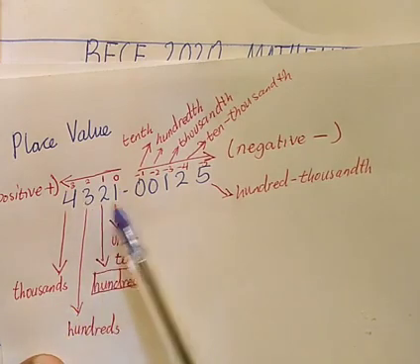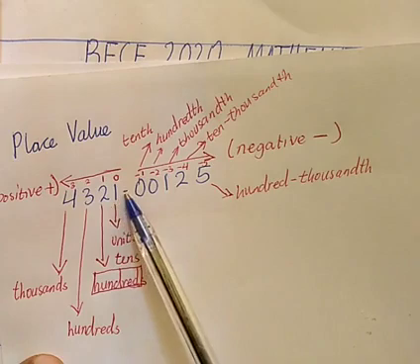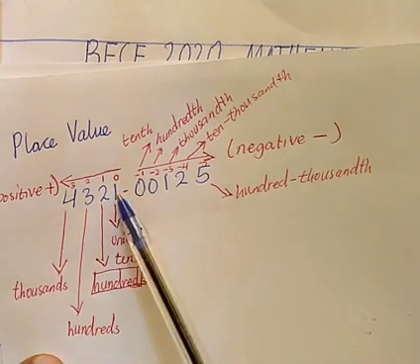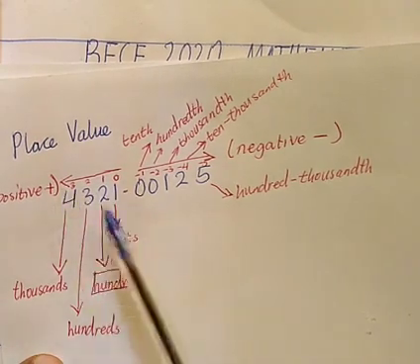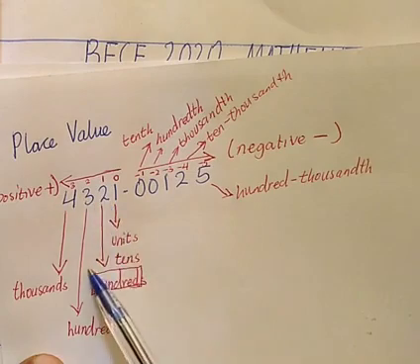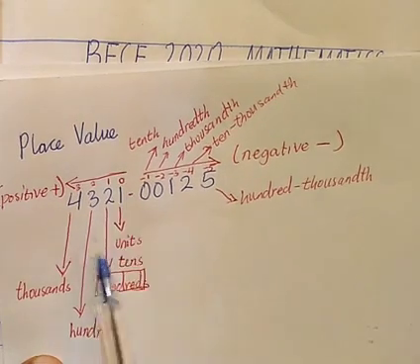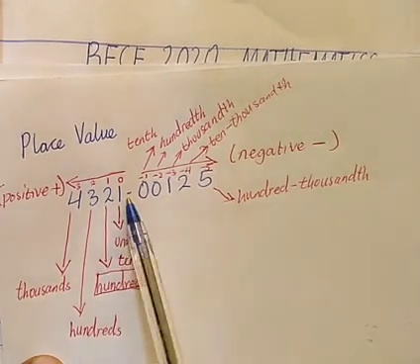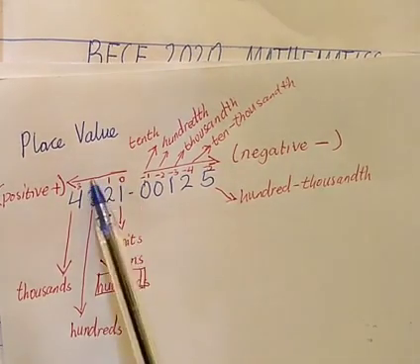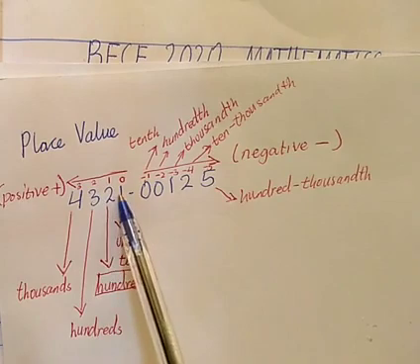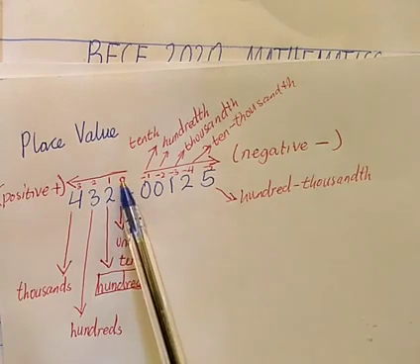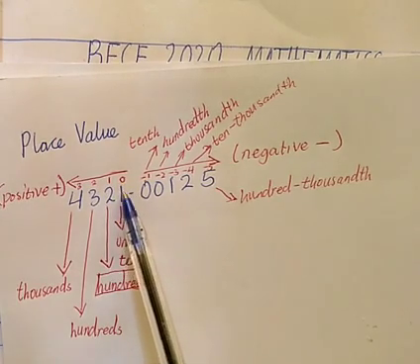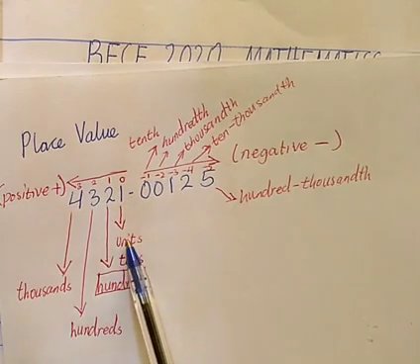Let's consider what we have before the decimal place. This is the decimal point. So what do we have there? We have 4 digits, 4321. So we are going to consider the place value starting from the closest digit to the decimal point towards the left. We have 1, the place value is units.